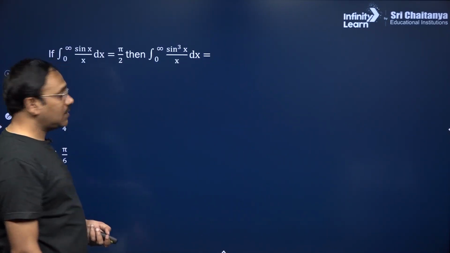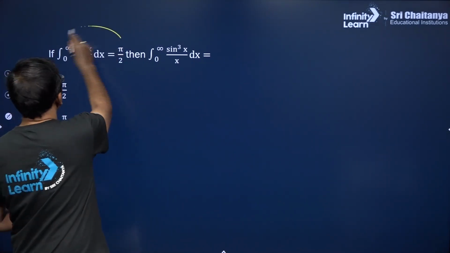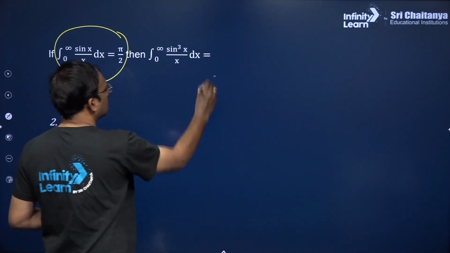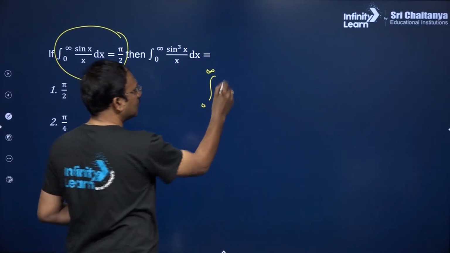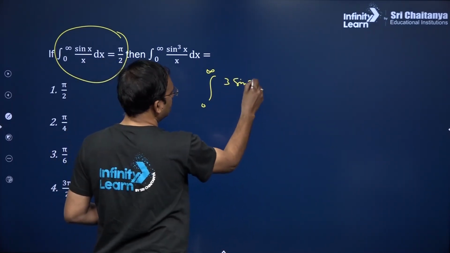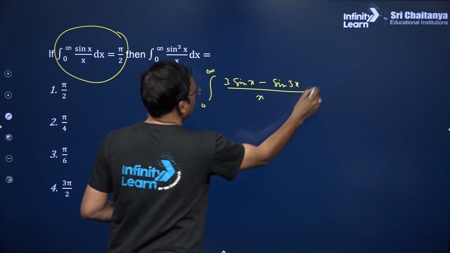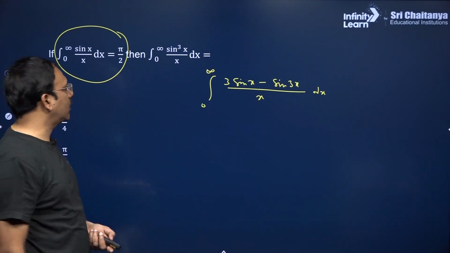Next, you see here it is given integral 0 to infinity sin x by x is given as pi by 2. If this is the case, what could be integral 0 to infinity sin cube x by x dx? You can write 3 sin x minus sin 3x, my dear friends, because sin 3x is 3 sin x minus 4 sin cube x.